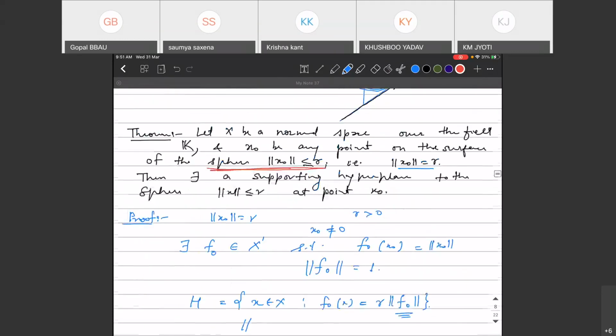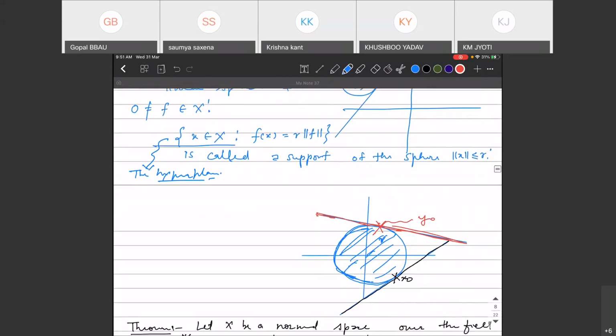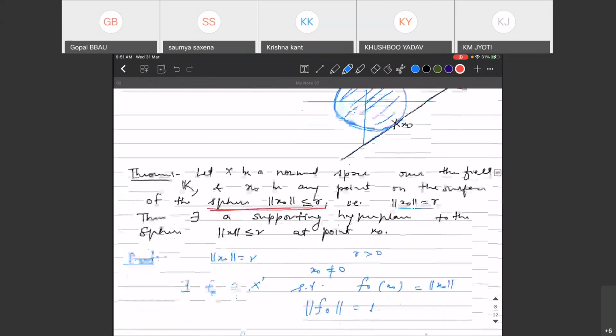And from this definition, this is a supporting hyperplane.